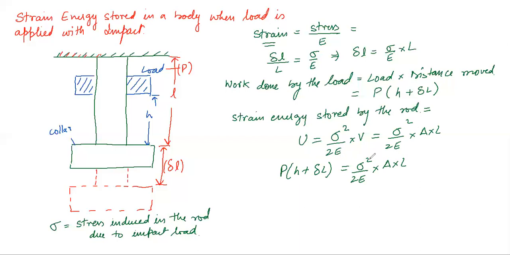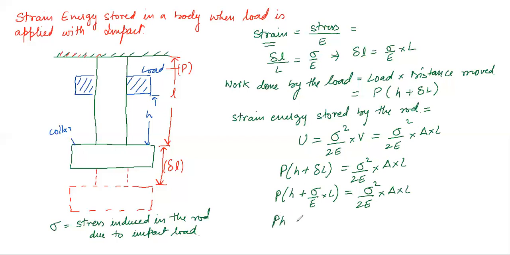So when we equate this, delta L can also be written as what? Sigma by E into L. So P into (H plus sigma by E into L) is also defined as sigma square by 2E into A into L, right? Now we just simplify this equation.